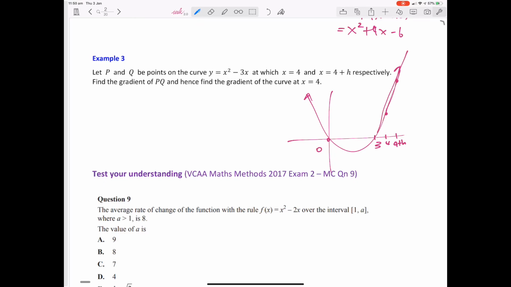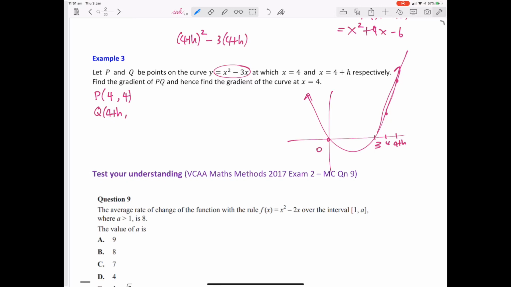So to find the gradient between 2 points, we know that P is the point at x equals 4. When we sub 4 into this, we get 4 squared, 16, minus 3 times 4, which is 4. Next, we want the other point, Q, which is 4 plus h. Now we've got to expand that out. So we go 4 plus h squared minus 3 times 4 plus h.